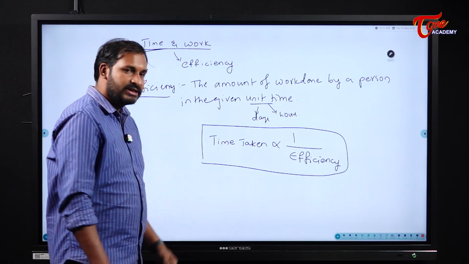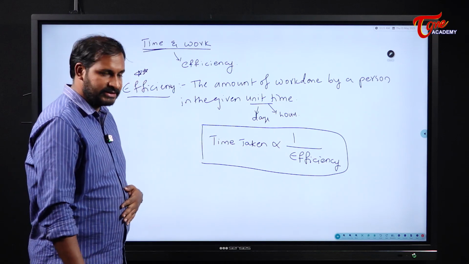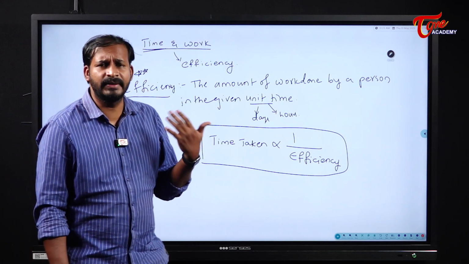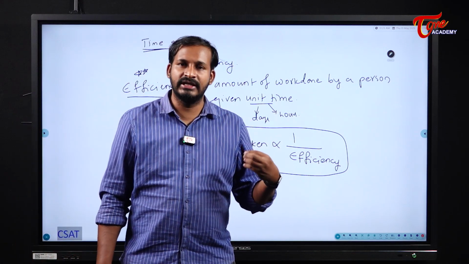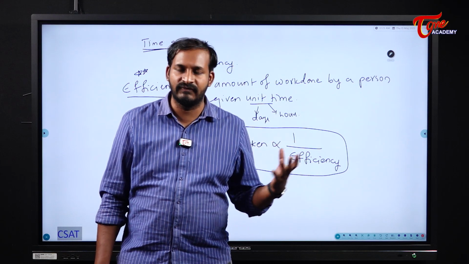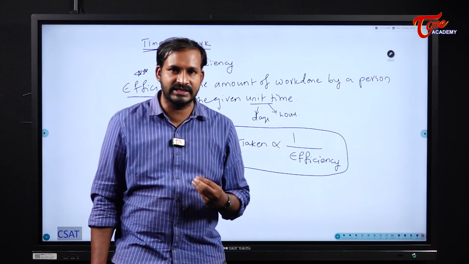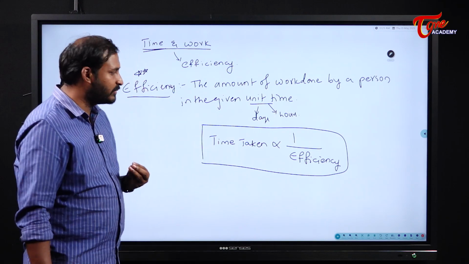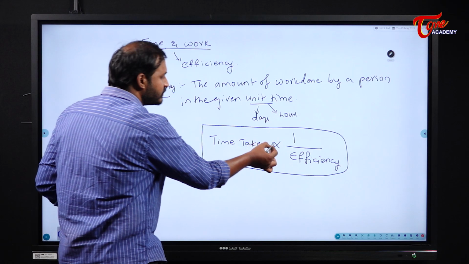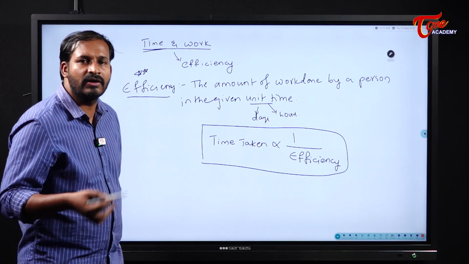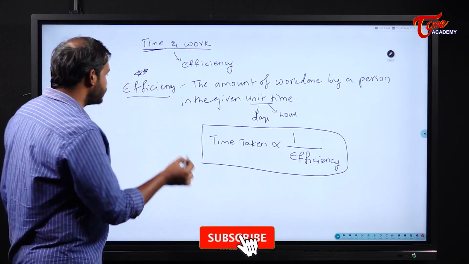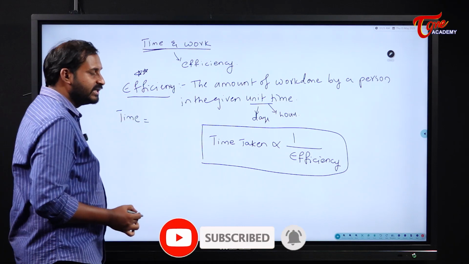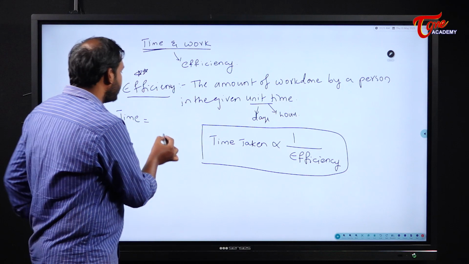Now see here students, in general in our problems, we will have two persons or more than two persons who will do a work, and we ask in what time they will finish the work. That is the type of question we will see in general. Now, time taken is inversely proportional to efficiency, right? Whenever you have a proportionality symbol, how do we remove it? We multiply it with a constant k.